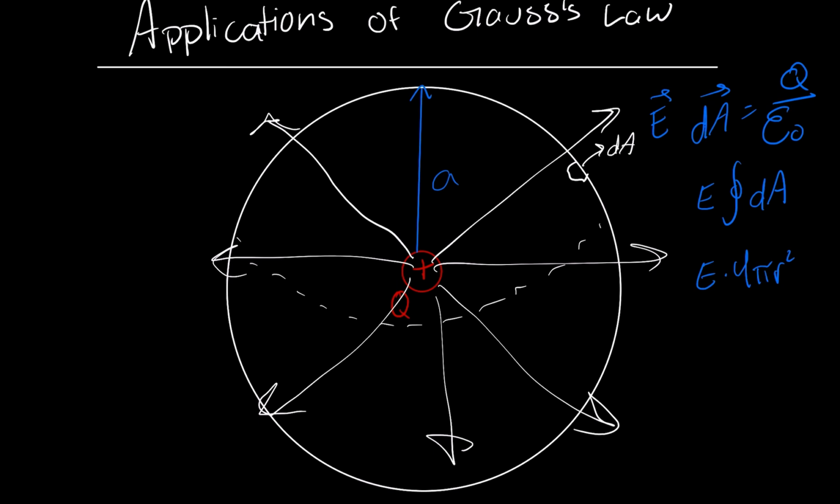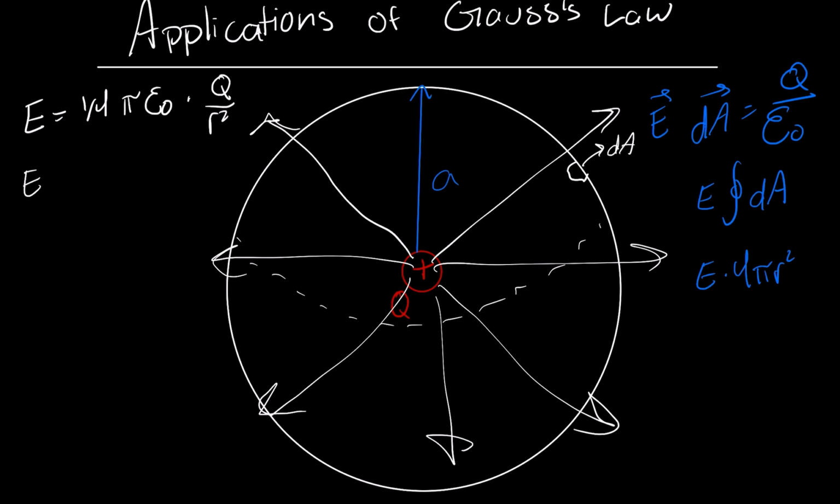Now, the electric field at any point along this Gaussian surface is equal to the charge enclosed, which turns out in the formula, let me write it down. E is equal to 1/4 pi epsilon naught times Q, which is a charge, over r squared.